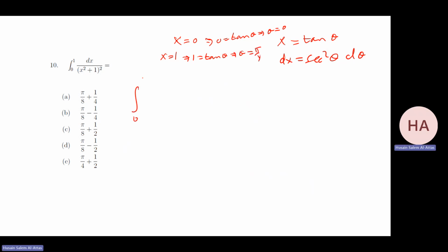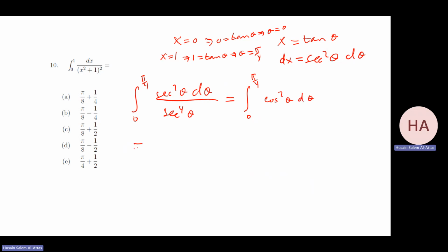So I have the integral from 0 to pi over 4 of secant squared theta d theta over tan squared plus 1, which is secant squared, that will be secant to the power 4. And that gives me, from 0 to pi over 4, 1 over secant squared, which is cosine squared theta d theta.